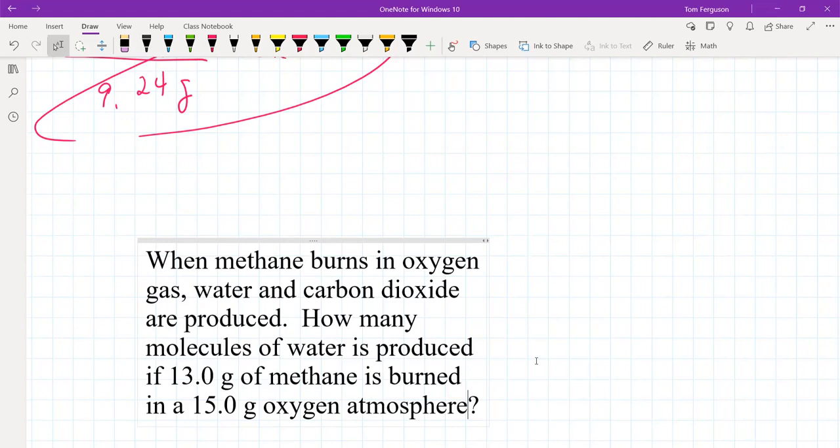Okay, so how many variables do we have? Atoms. Three different kinds of atoms: carbon, oxygen, hydrogen, right?